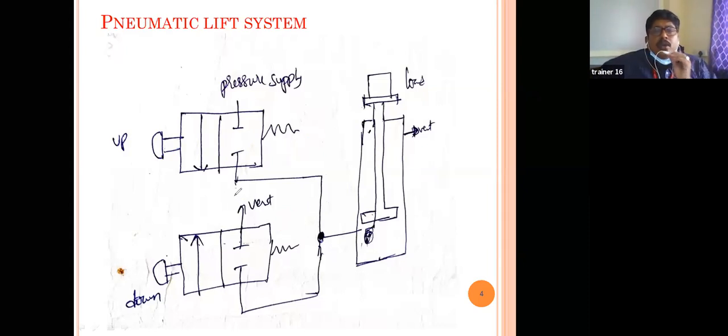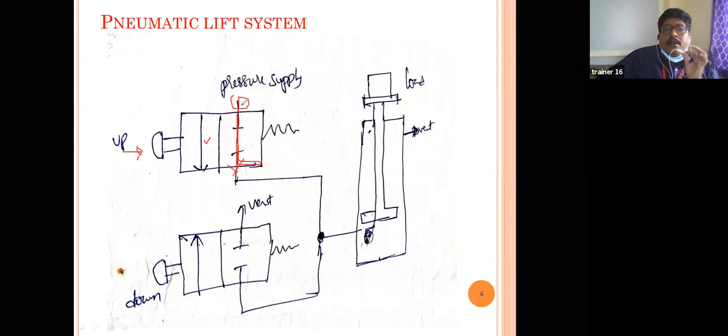Now all of you see here. When you push this button, this position comes to here, and the power supply takes place.